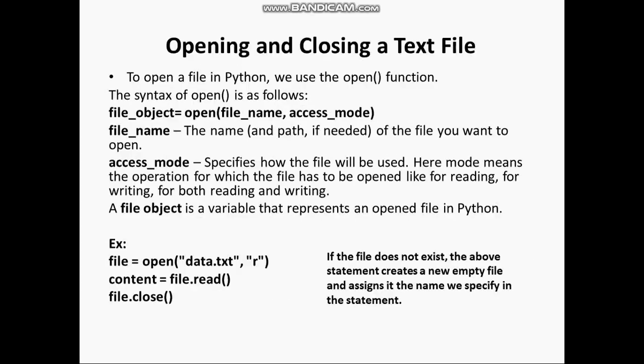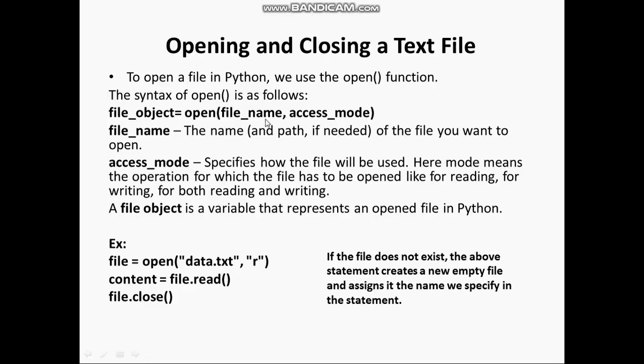Now we are discussing opening and closing a text file. The syntax to open a text file is as follows. Within the brackets, you are mentioning two parameters in an open function. The first one is the file name, the name given by the user, of the particular file you want to open.